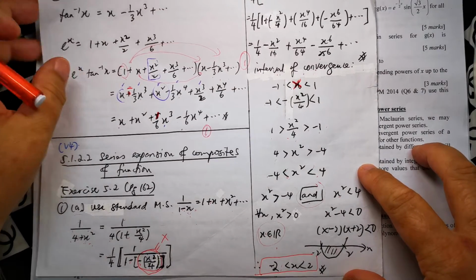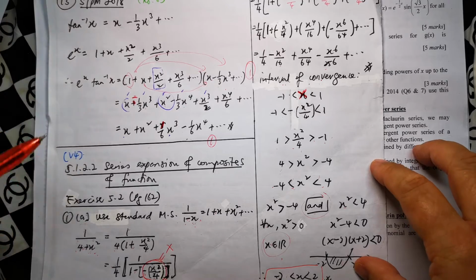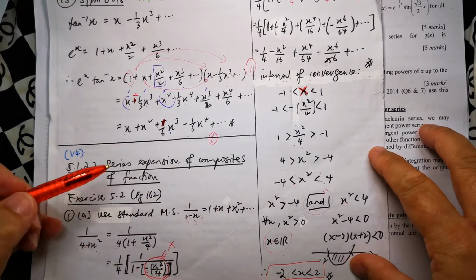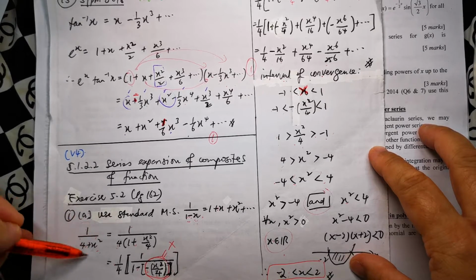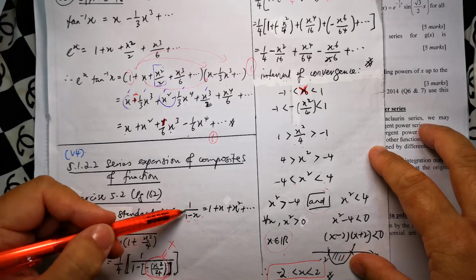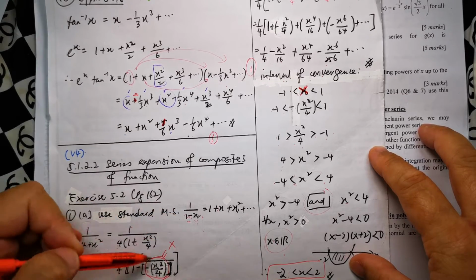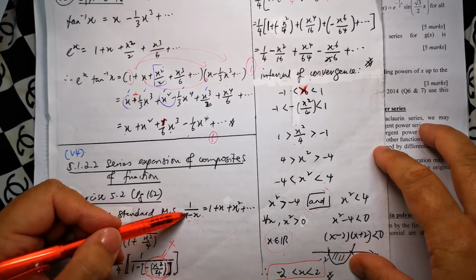After that, in the following example, we are going to do the same thing. First you choose which standard Maclaurin series you want. Then you express the function that you need to find the expansion for into the form of the standard series that you chose. Then you determine what x you are going to substitute into your standard Maclaurin series.